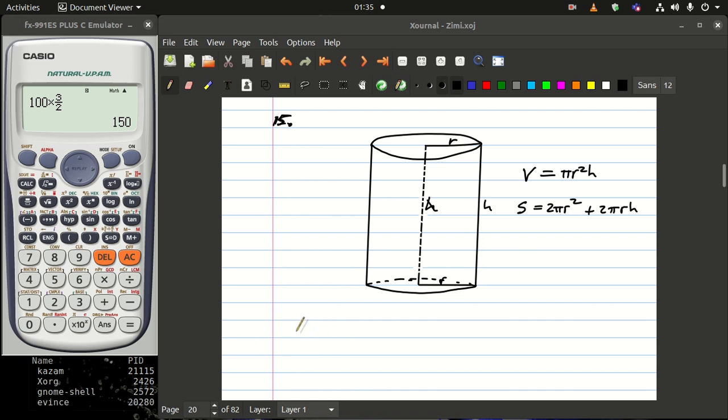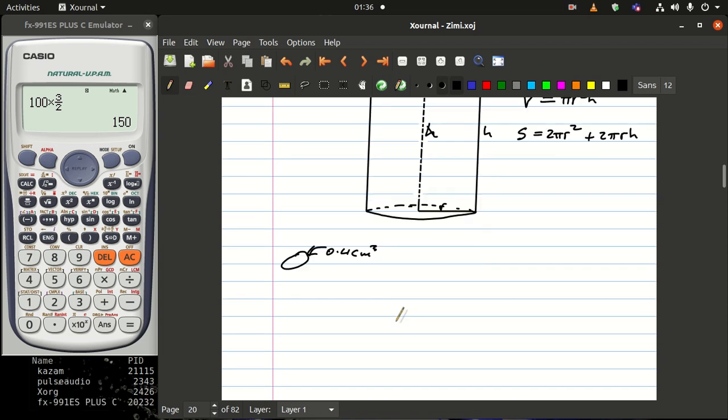So that is actually the cylinder and the information about the cylinder. So you wanted to put pills inside, and the volume of each pill is going to be 0.4 centimeter cube. And then the second thing here, you wanted to make sure that you have 100 of these pills.